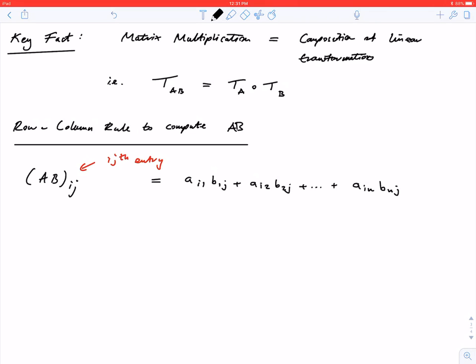Let me actually draw what this means. If I take my two matrices, I'll draw them side by side. That's going to be my A, and this is going to be my B. Remember to get everything to match up before we do anything.